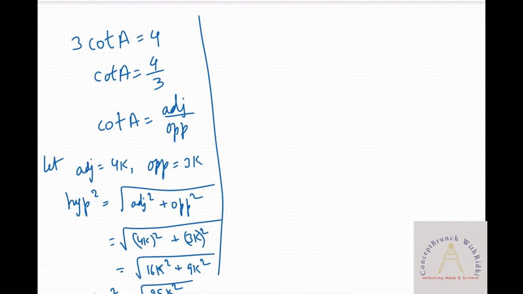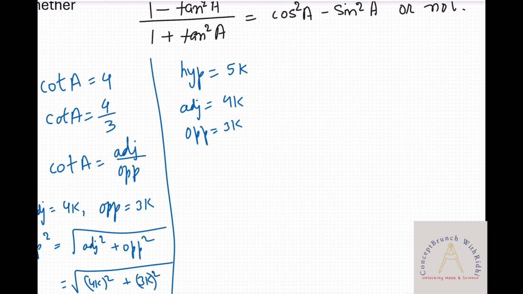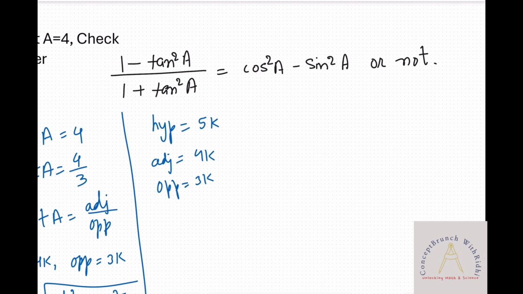So now we know the hypotenuse, that is your 5k, adjacent is 4k and opposite is your 3k. Let's come back to the question again. What are the ratios we need to find out this question? So we need first tan A. Tan A is what? Opposite by adjacent.